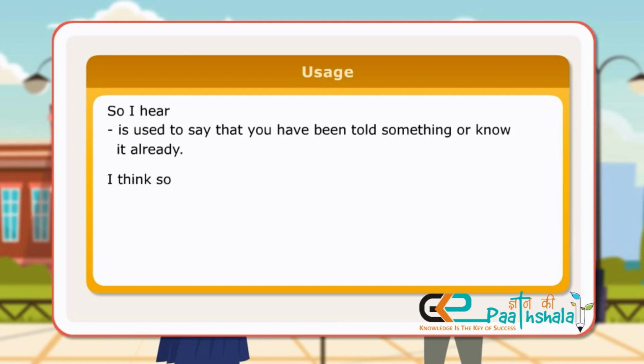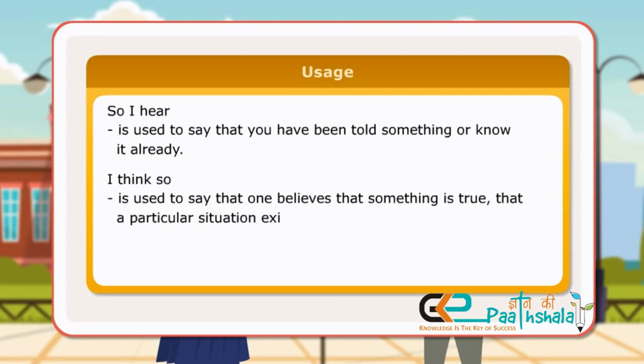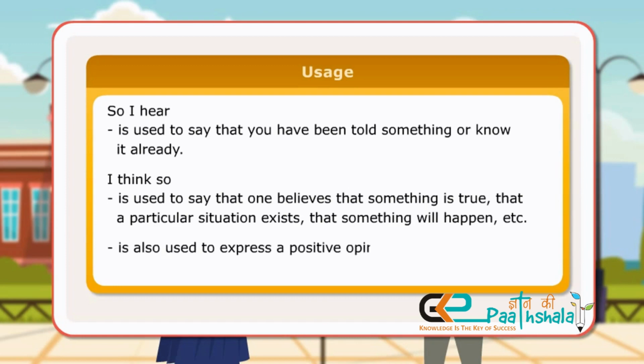I think so is used to say that one believes that something is true, that a particular situation exists, that something will happen, etc. It is also used to express a positive opinion about a question one has just asked.